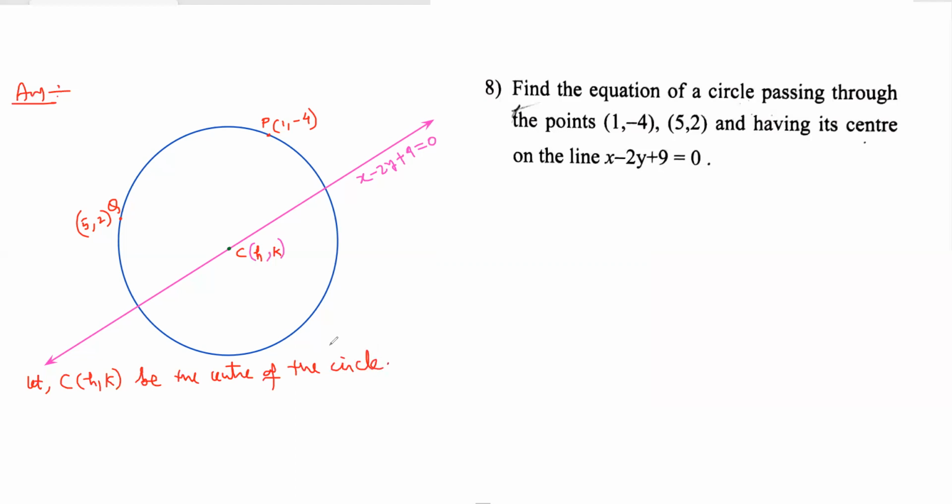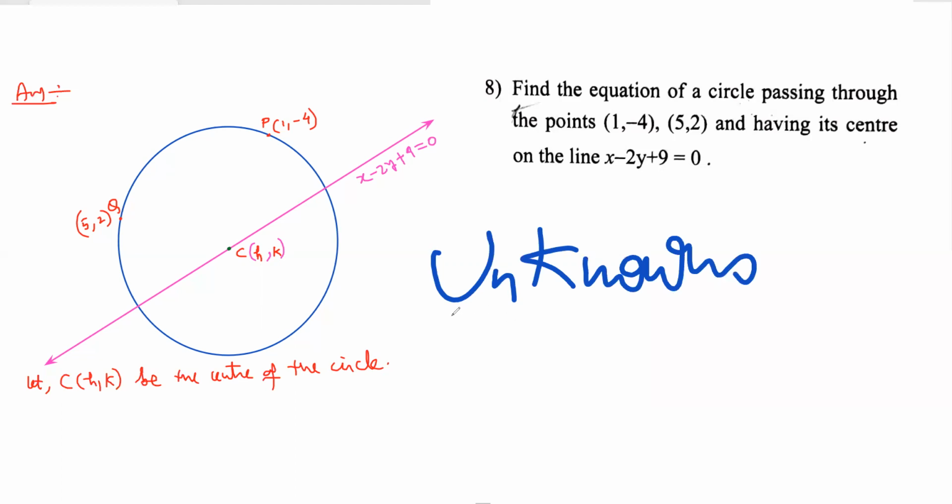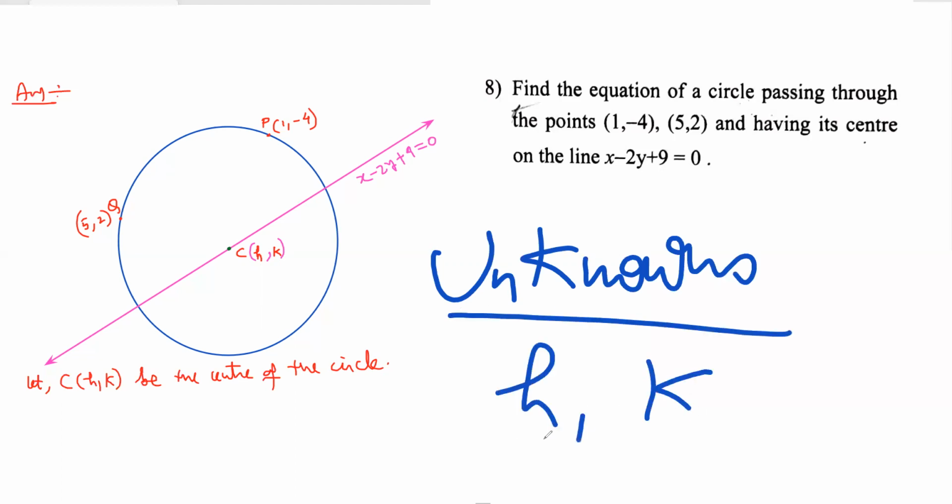Now, if C(h, k) is the center of the circle, I understand that I have to find the values of h and k. What are h and k? They are unknowns. I have to find the value of these unknowns, h and k.